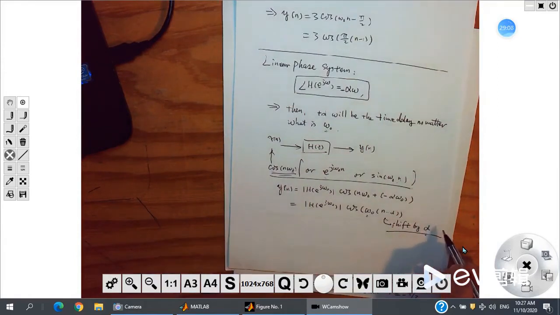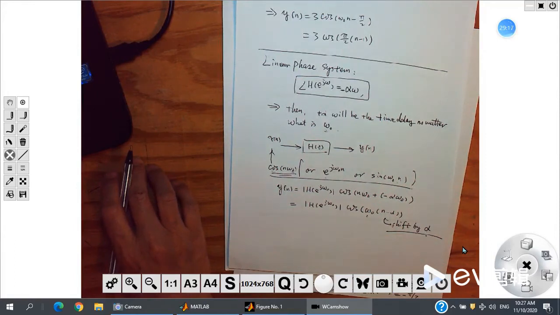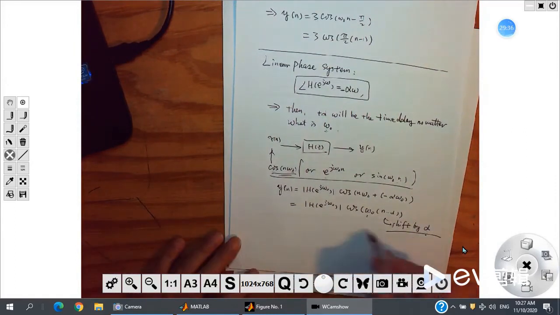So this property gives us the feature: when you have an input signal with different components at different frequencies, then on the output side, the different frequencies are delayed by the same time. If we do not have this, then different components are delayed by different times. That's different, right?